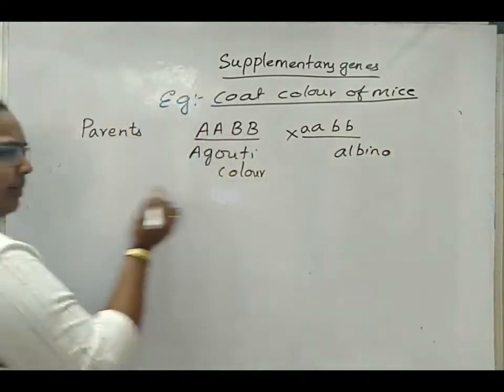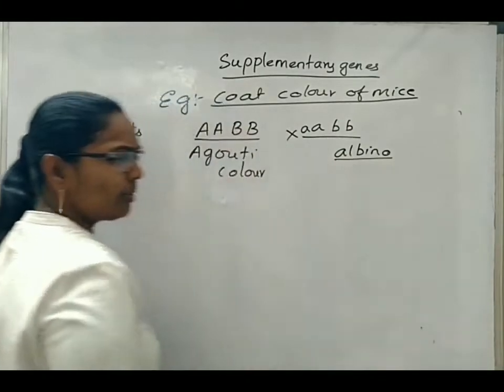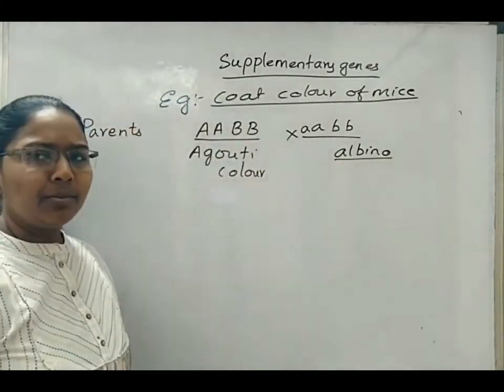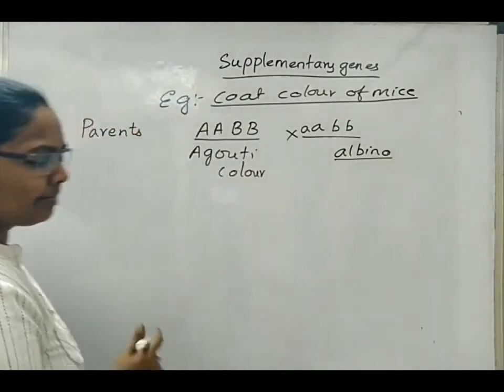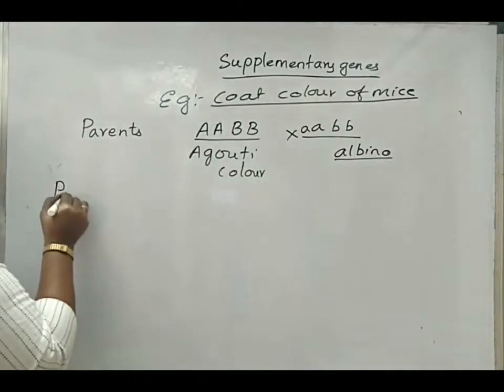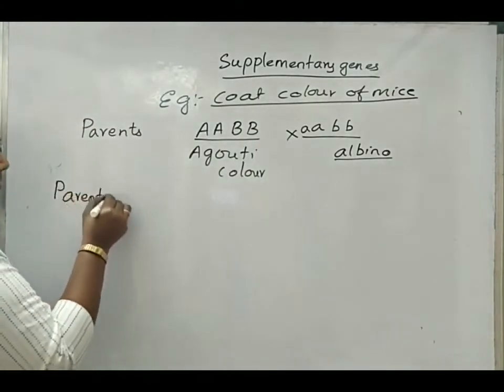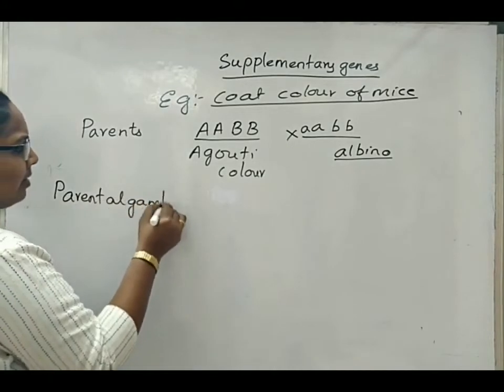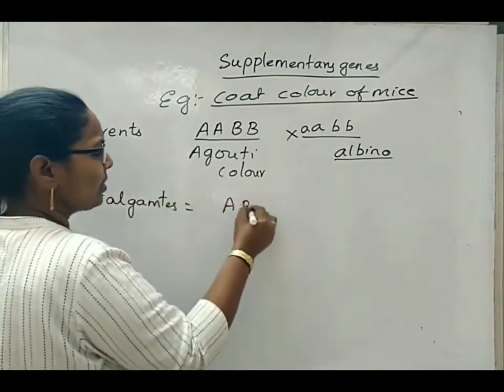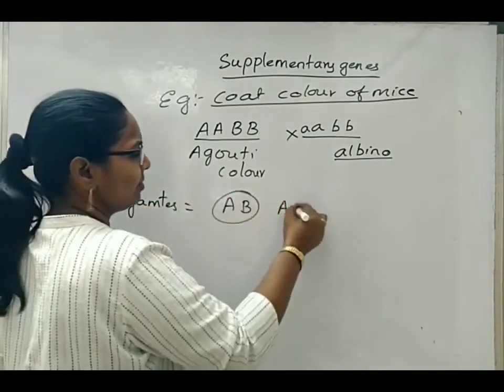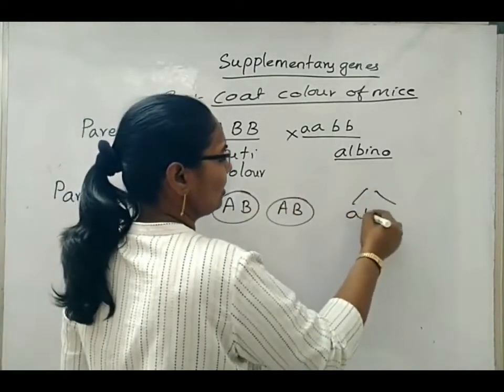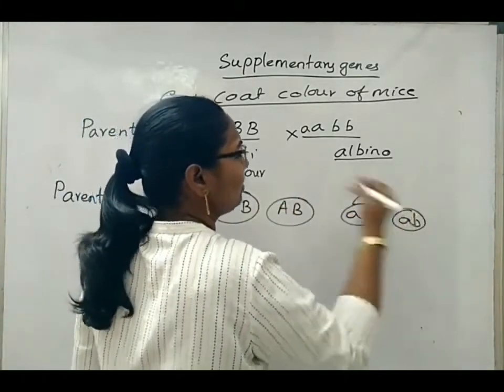Now, albino is colorless. I think you have seen some of the people who are purely white, their eyebrows, hair, everything will be white in color. Now, if we extract the parental gametes, the combinations in the gametes will be like this. And when we take the recessive one in the gametes, it will be like this.